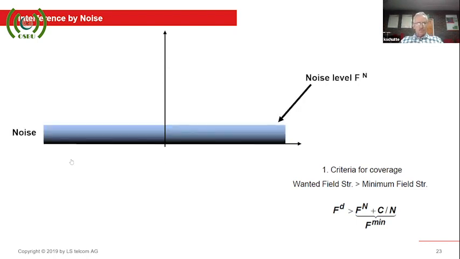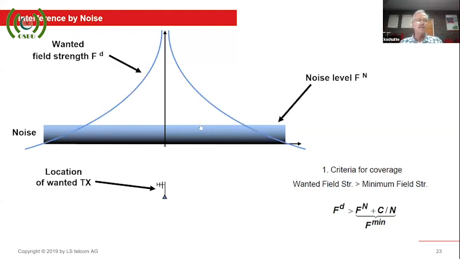coverage. So what's obviously important is your noise level, because if we look at the parameters we looked at yesterday as well, for certain types of reception, maybe in a mobile environment, you will need a certain C over N that will give you a certain number of dBs in order for that receiver to receive the signal.